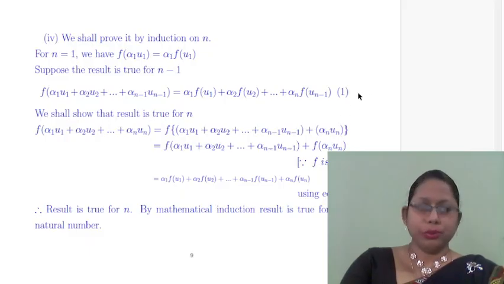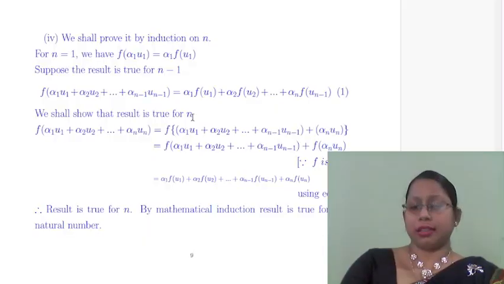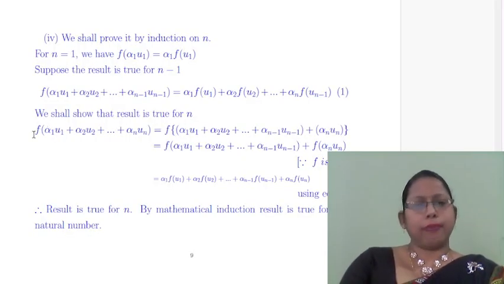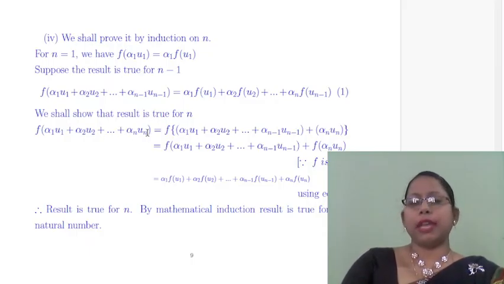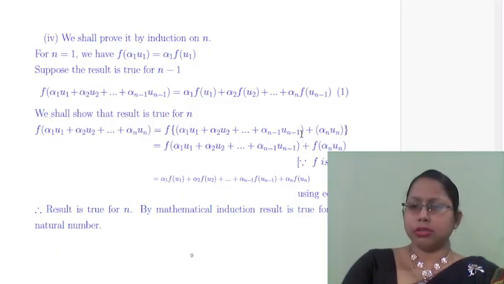Call this equation 1. Now we shall show that the result holds for any n. Take f of alpha 1 u1 plus alpha 2 u2 plus ... alpha n un. This can be written as f of alpha 1 u1 up to alpha n minus 1 u n minus 1 plus alpha n un.